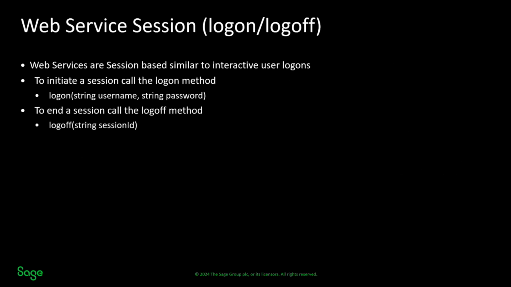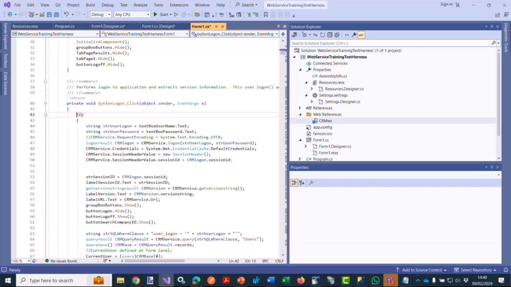But let's have a look then at our web service log on and log off. Very simple methods in order to create the session and to manage its life cycle. Here you can see that I've got some code displayed within the test harness, which shows the log on and log off behavior.